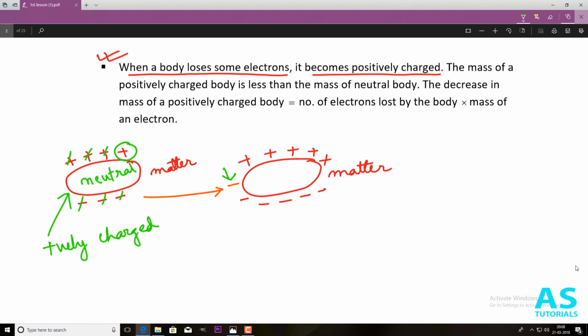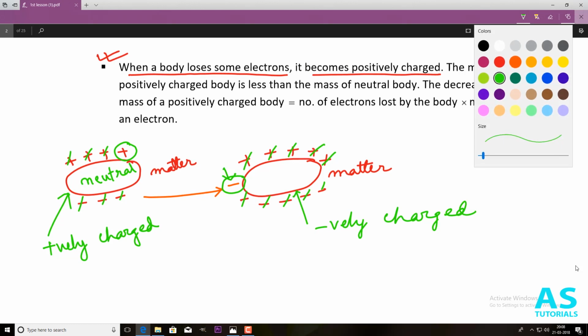On the other hand, if we look at this case, positive and negative cancel each other. This is called neutralization. After they neutralize, this matter has excess electrons. That's why this body would be negatively charged.